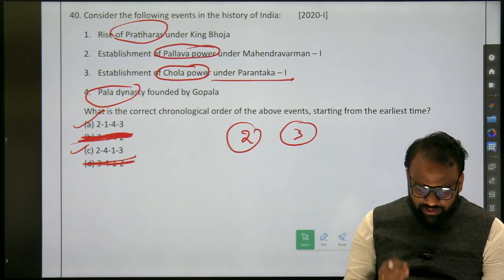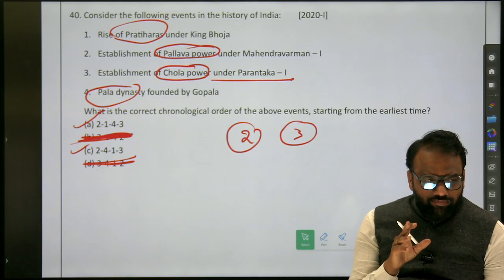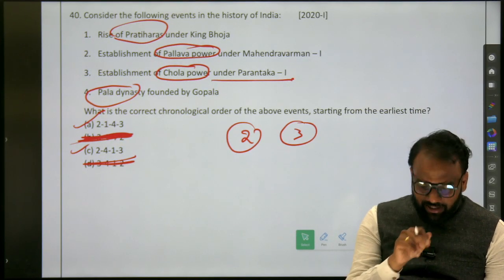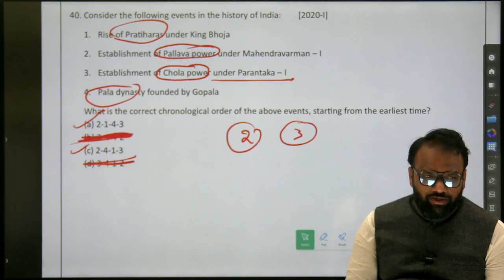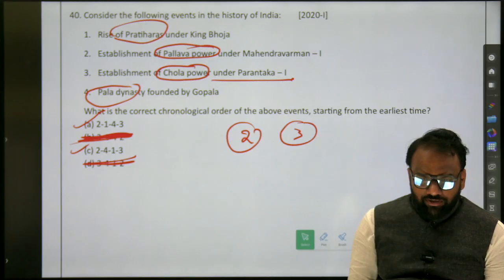In which topic have we discussed Rashtrakutas, Pratiharas, Palas? Harsha and the rise of regional kingdoms. Yes, in there somewhere we have this term. Just go through it.